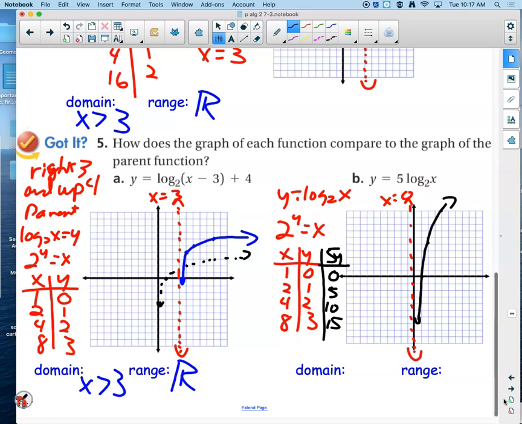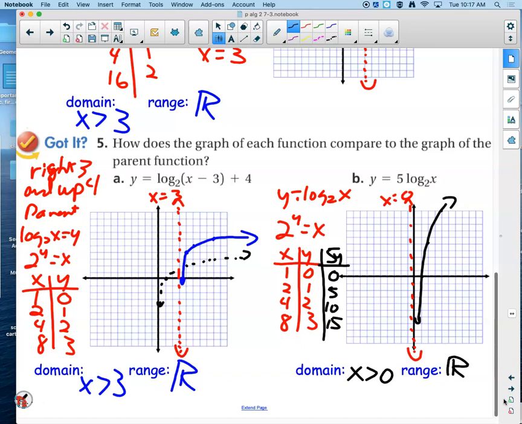What's the domain? Yep, x is greater than 0. As we said, stretching it out does not affect the domain. And what's the range? Exactly. I mean, it's more obvious now because this is so much more straight up and down than the other ones were. But there it is.